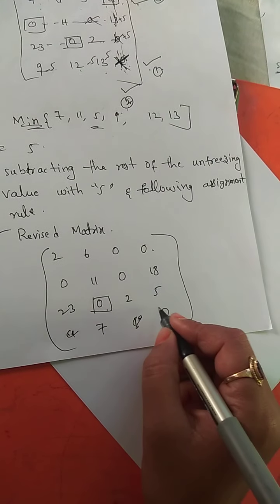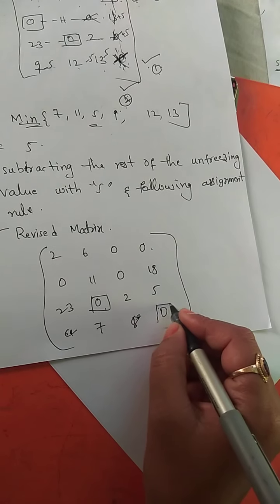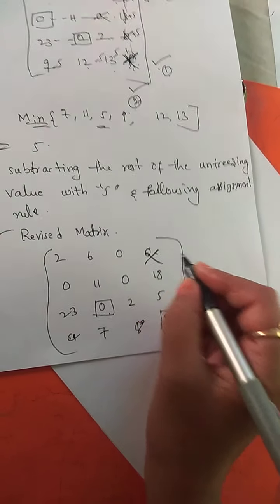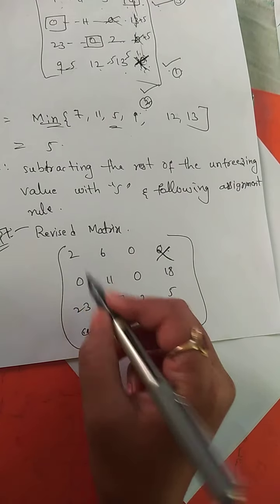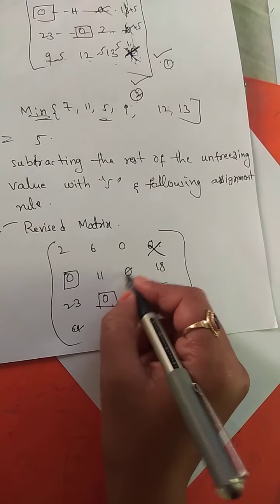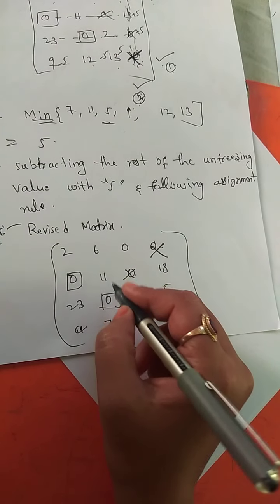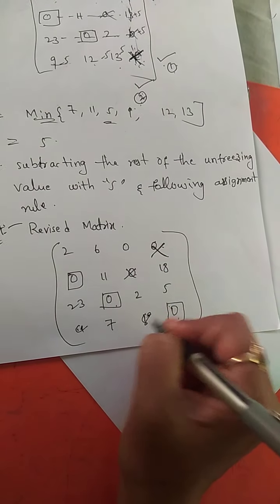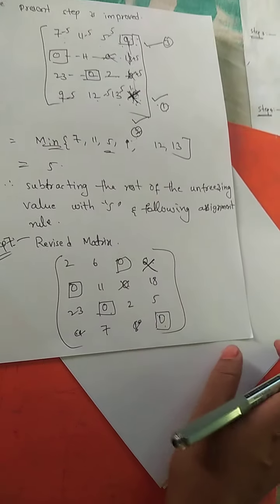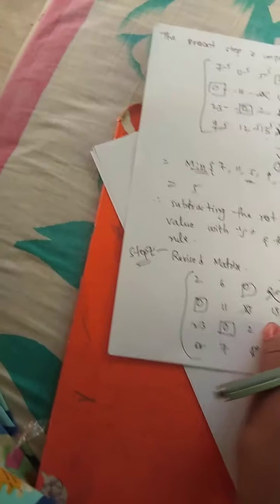In this row we have 1 zero, and in this column we have to cancel this 0. Next, in this column only 1 zero is there, and in this row we have to cancel the 0. Next, in this column there are no zeros. In this column we have 1 zero. In this column no zeros. Okay, our assignment is completed.